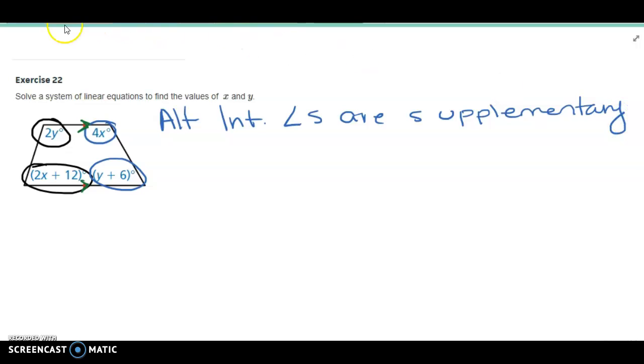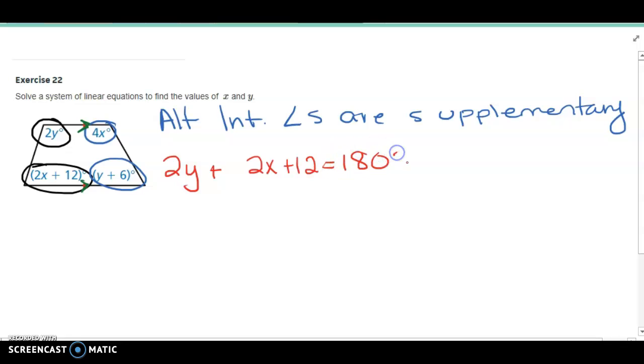So that means that these two in black, 2y plus 2x plus 12, have to equal 180. And these two in blue, 4x plus y plus 6, equal 180.